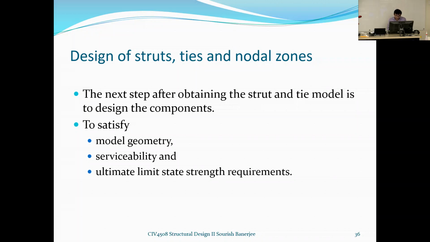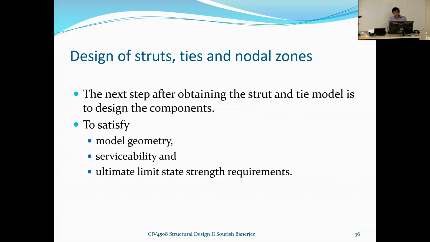The model shall be in equilibrium with the applied loads and the reactions. Again, we are talking about static equilibrium. In determining the geometry of the model, the dimensions of struts, ties, and nodal zones shall be taken into account. So this is very important when we are creating the dimensions of the member. These are very important guidelines.